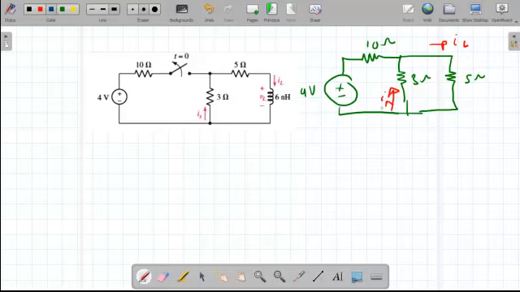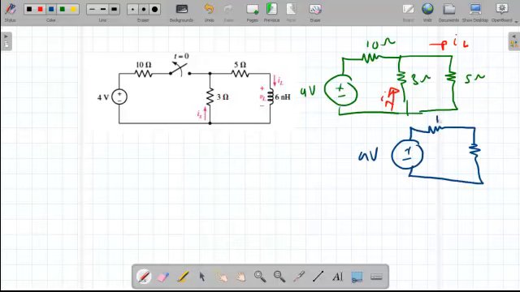Of course, from this circuit we can combine 3 and 5 together. So 4 volt, then 10 ohm, and this together becomes 1.875.